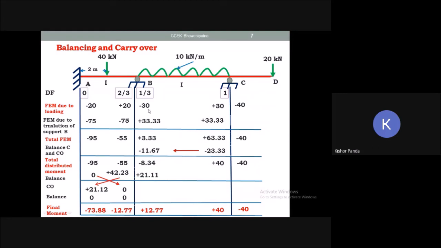Here minus 30 plus 33.33, so plus 3.33, and here 30 plus 33.33, 63.33, and here the moment is minus 40. So this is the total fixed end moment.